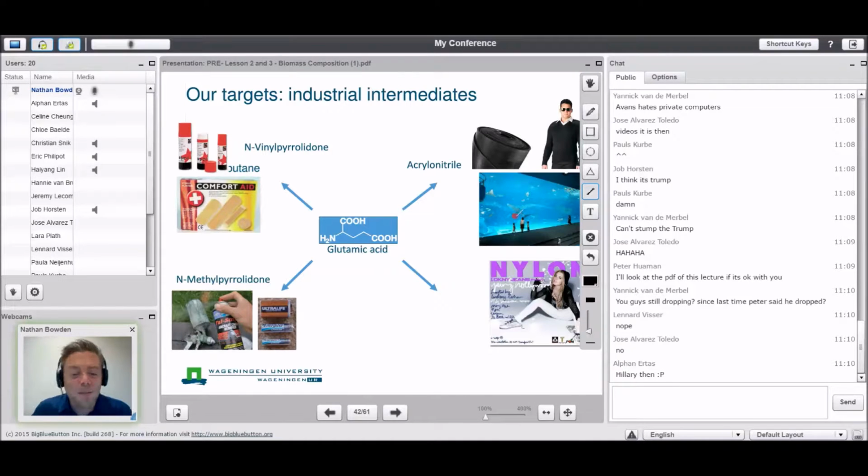But it's also in your lab gloves. I think the blue colored ones are the acrylonitrile gloves, for people who are allergic to the normal gloves. You can make nylon and other methylpyrrolidone products. So if you can find glutamic acid as a product from the biorefinery, it has lots of applications.